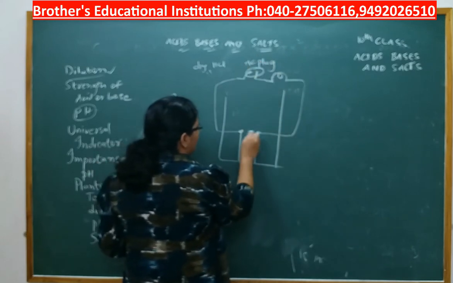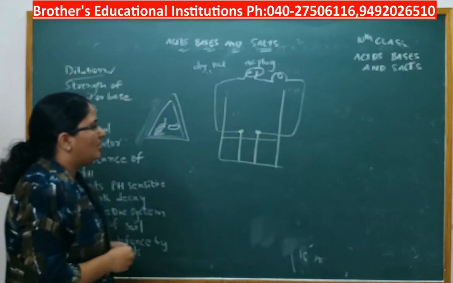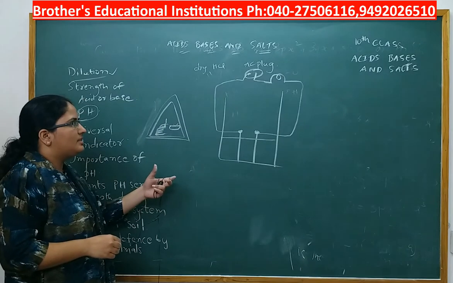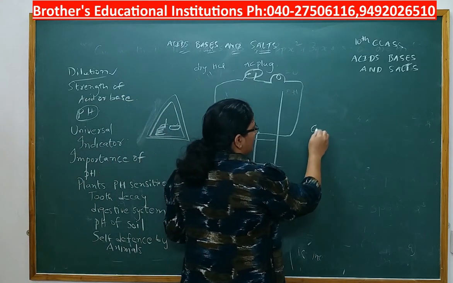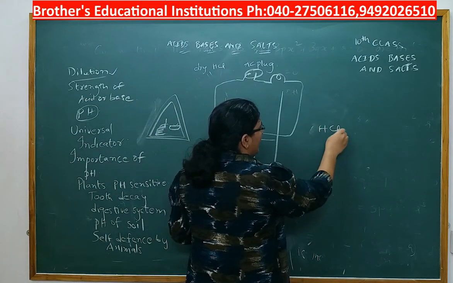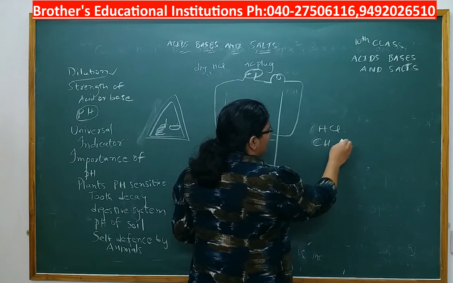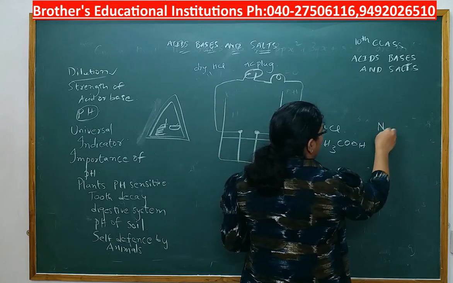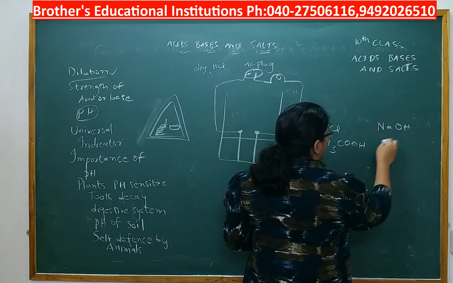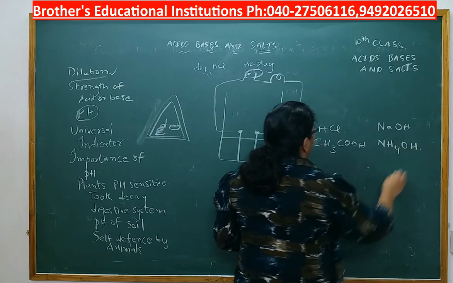Now take dilute HCl and CH3COOH. Next take NaOH and NH4OH, that is ammonium hydroxide.